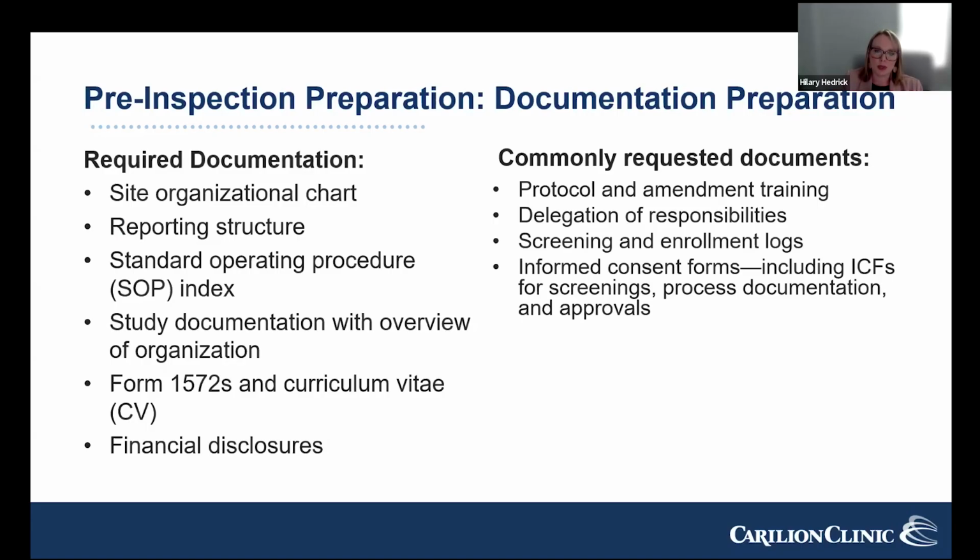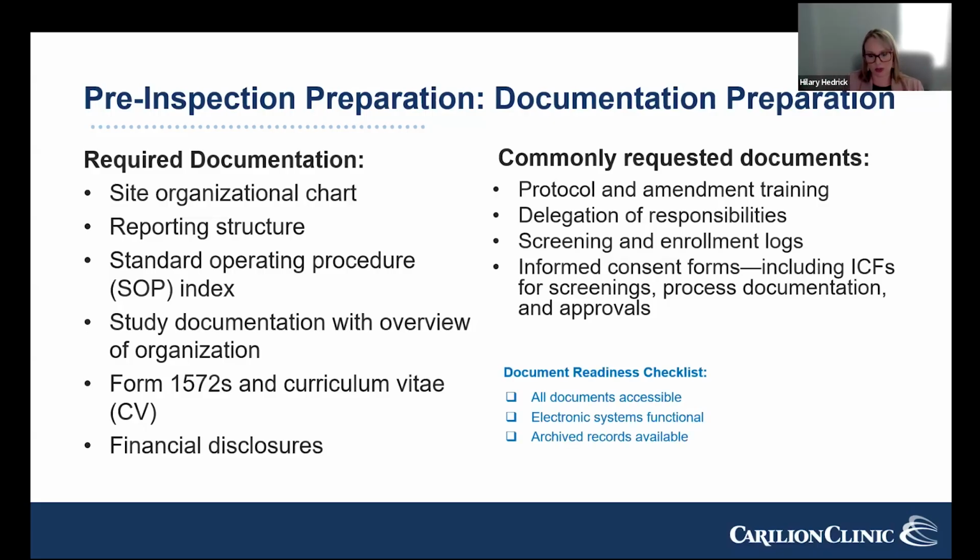The pre-inspection preparation, the document preparation, these should already be in your binder, so it's just making them accessible. This is the most commonly requested documents that, through research and other sources of information the FDA provides, are requested most frequently. A document readiness checklist is something that we put together as helpful tips.